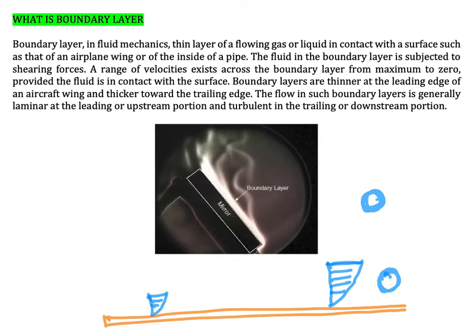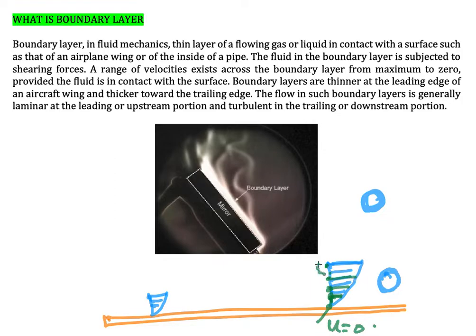If we plot a border, we take here the velocity equal to 0, and then here, the molecule will have, let's say, 10% velocity, then 20% velocity, and it becomes bigger and bigger.